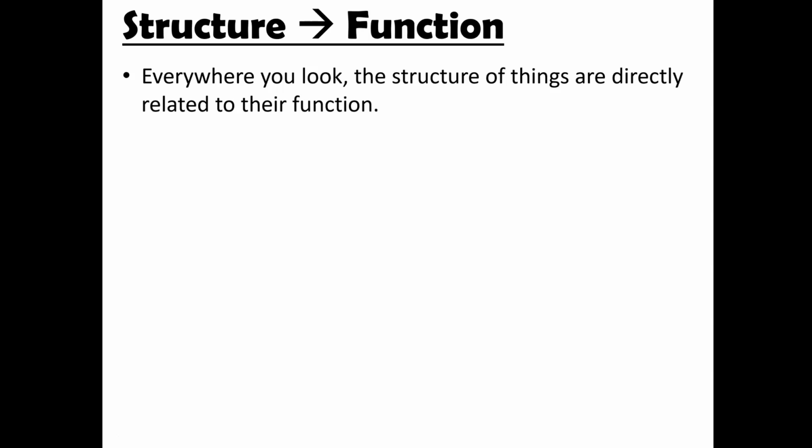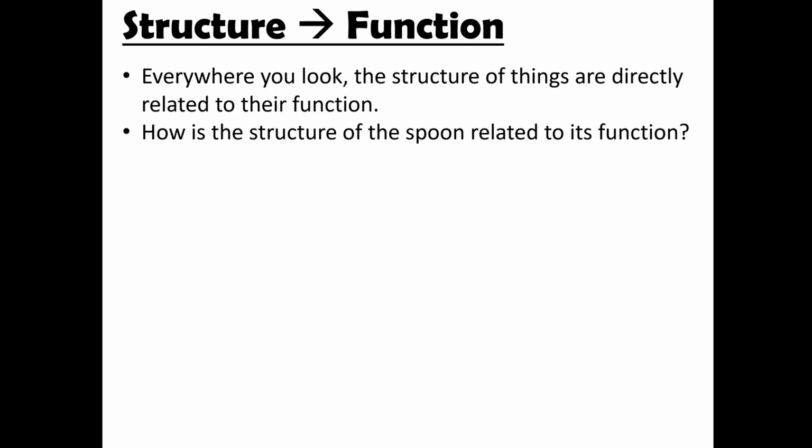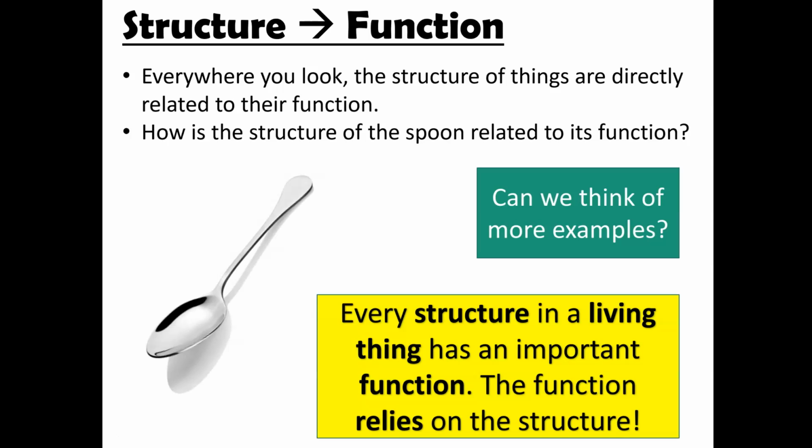So everywhere you look, the structure of things is always directly related to their function. So for example, how is the structure of a spoon related to its function? So the spoon, it's made up of different materials. Like this one right over here is a metal spoon.